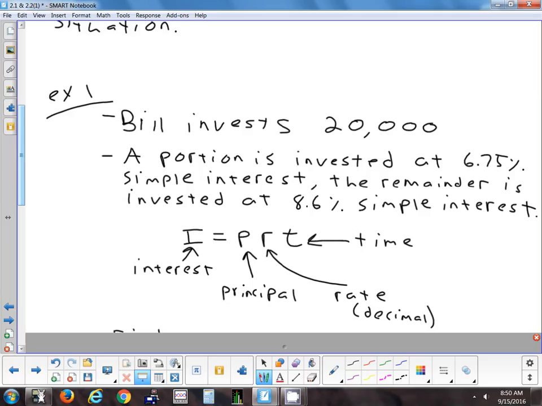R is your rate. And T is the time. I'm going to make sure when you use a rate, we always change percents to decimals in this formula. Okay, how many had already seen this formula now that I reminded you of what it is? I equals PRT? Yeah.